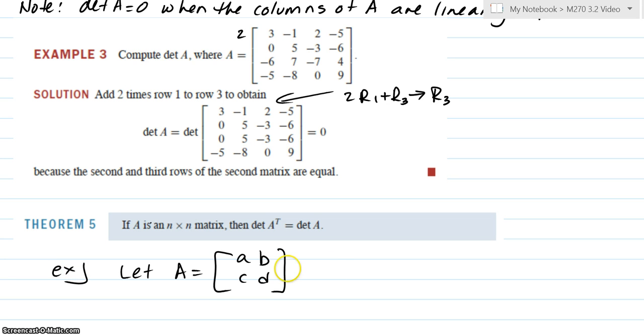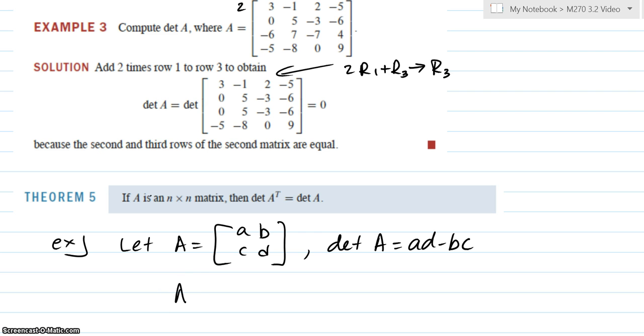Let's just start with a 2 by 2. We know that the determinant of A is AD minus BC. And then if we take the transpose, that would be AB. The rows become the columns, and the columns become the rows.